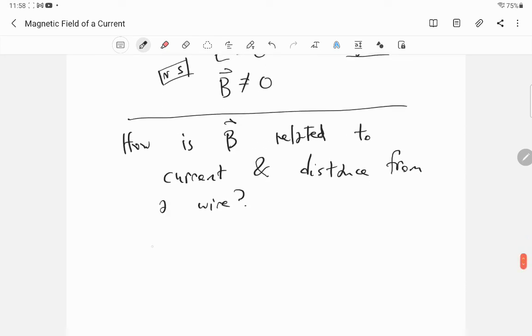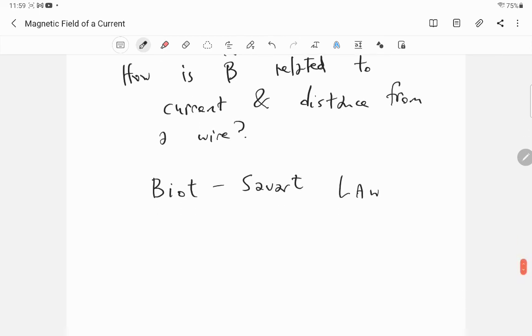And the name of the law, it's named after two people whose names are French. It's Biot and Savart. It's the Biot-Savart law, right? So that's what I'm going to tell you about in the next video. It's the way to get the magnetic field from current.